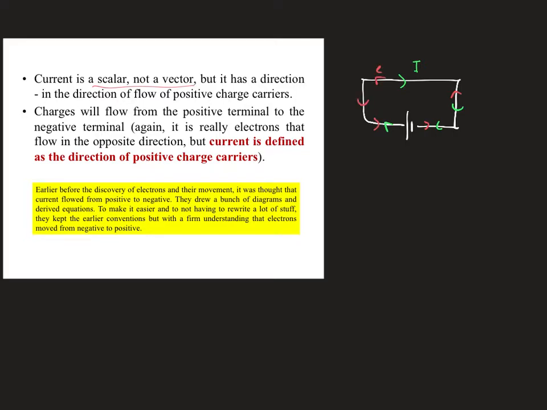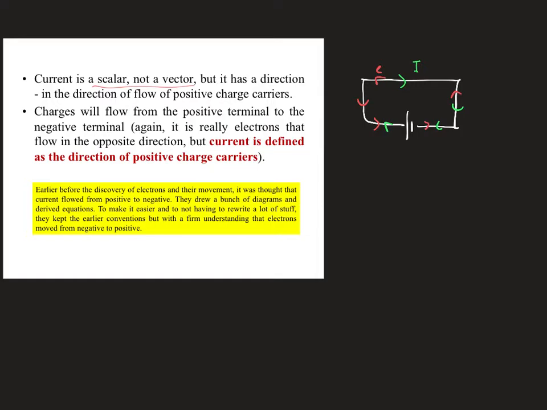Some people ask why the direction of electron is different from the conventional current flow. The reason is that the first people who found this concept thought that current flows from positive to negative. At that time, they had not discovered the concept of electron yet. A few years after that, they discovered that electrons actually move from negative to positive.